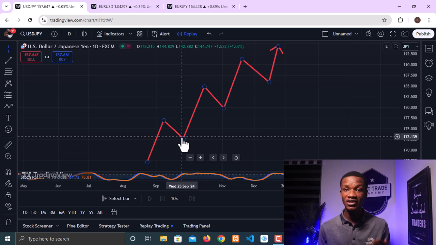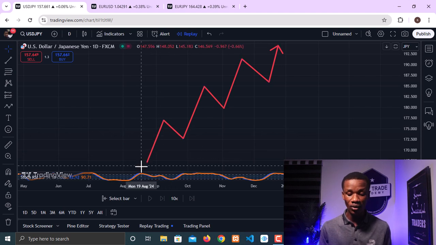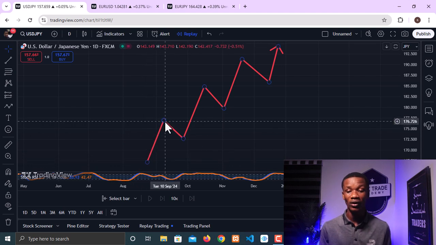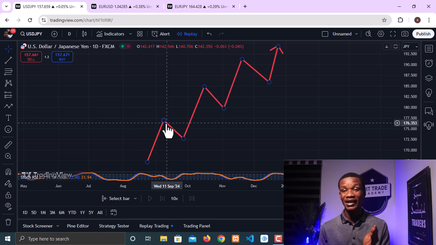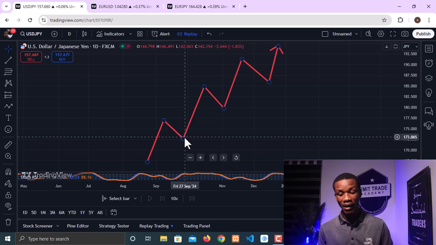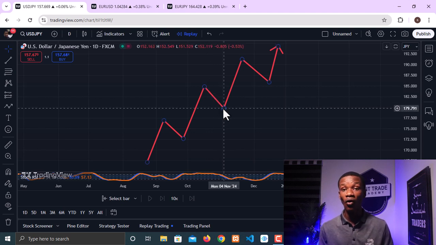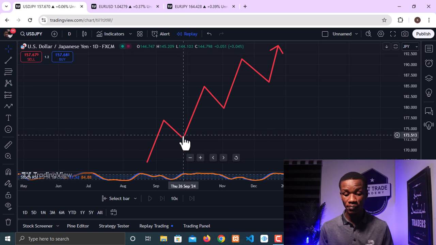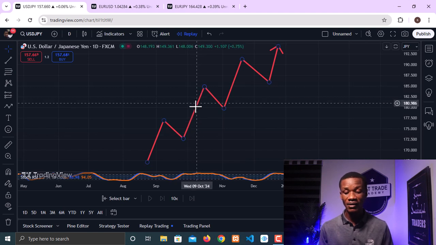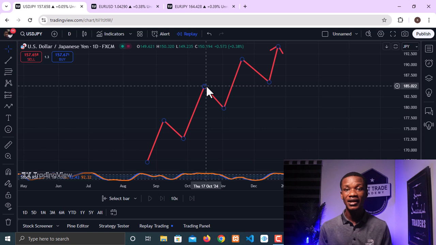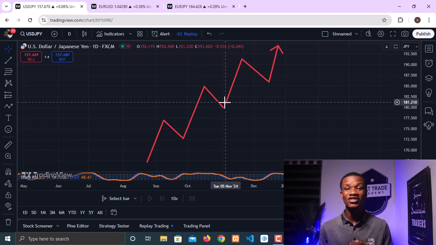Number one, a slowdown in buying momentum, or the people that bought at this area are collecting profit gradually, and the market begins to retrace, and the market pumps again. The same thing: when there is a slowdown in buy pressure, the market retraces, or when people that bought at this point begin to sell after the market comes up to this point, it creates a pullback, and it continues like that in an upward trend.